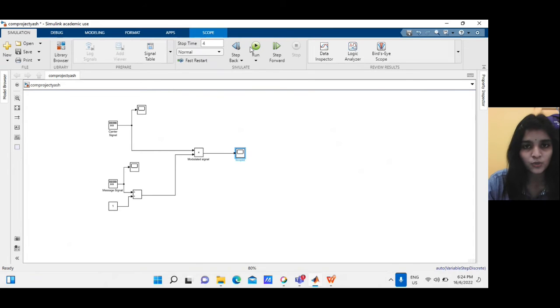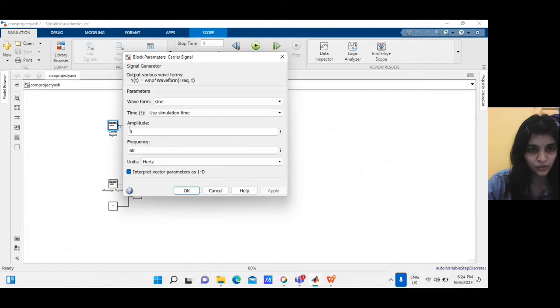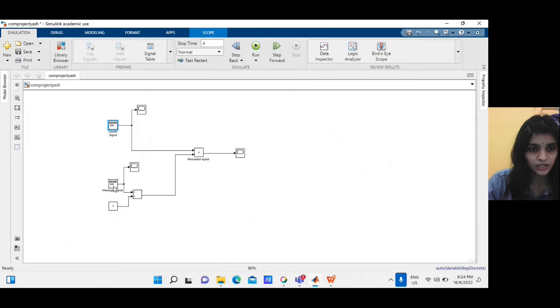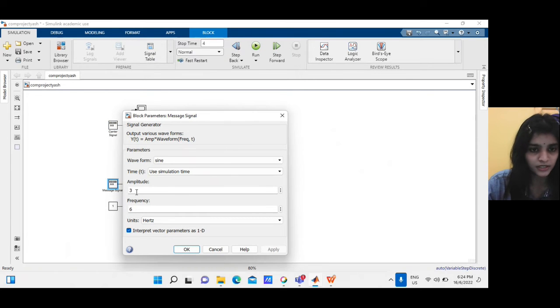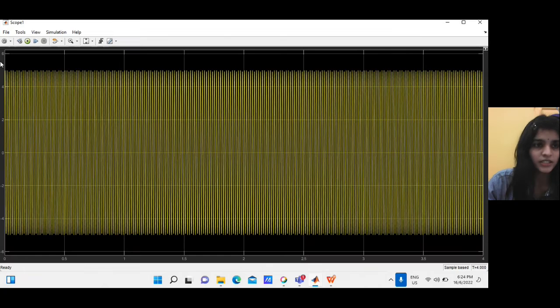Okay, so when I run, the values I set are amplitude 5 and 60 Hz for the carrier signal, as in the second example that I gave just now, and 3 and 6 Hz for the message signal. So when I run, this is the carrier signal.